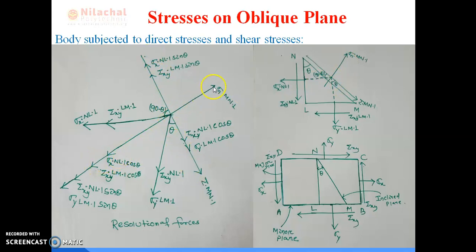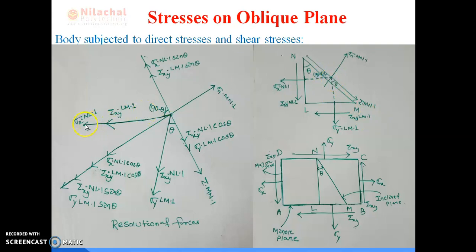This is the normal direction, sigma n MN into 1. This is the tangential direction, tau MN into 1. The forces sigma y LM into 1 and tau xy LM into 1 make an angle of theta. Sigma x NL into 1 and tau xy NL into 1 make an angle of 90 minus theta.